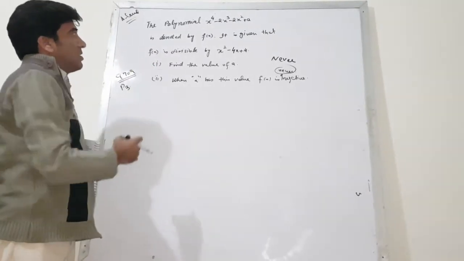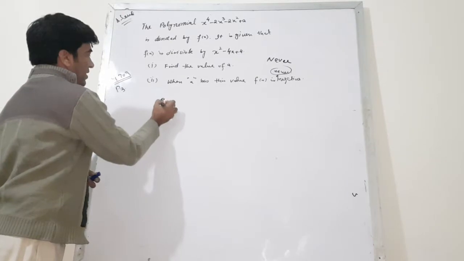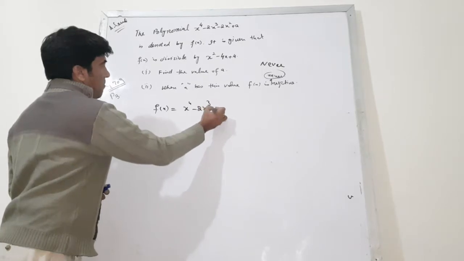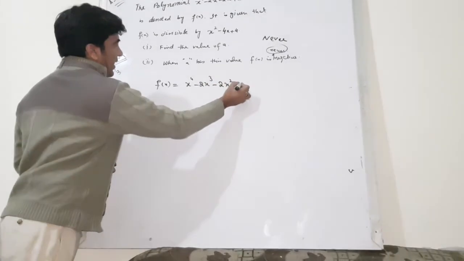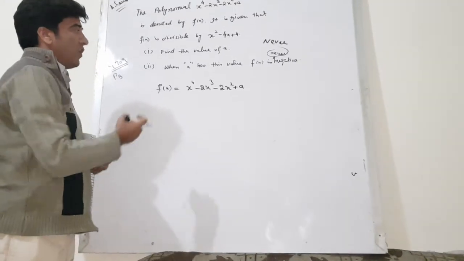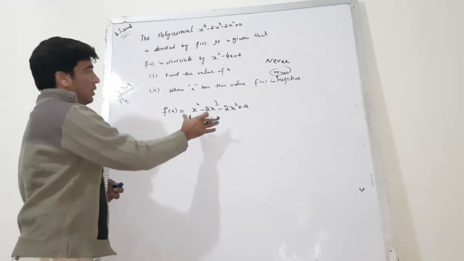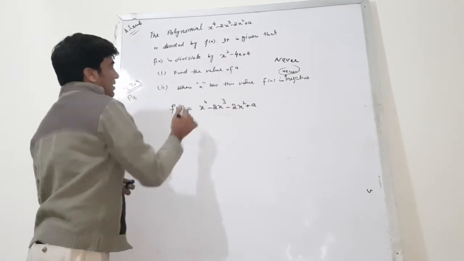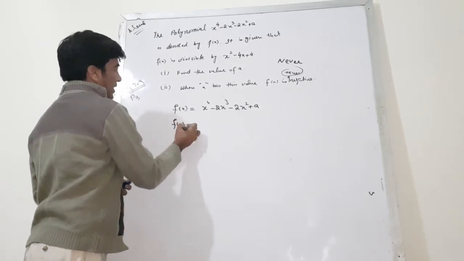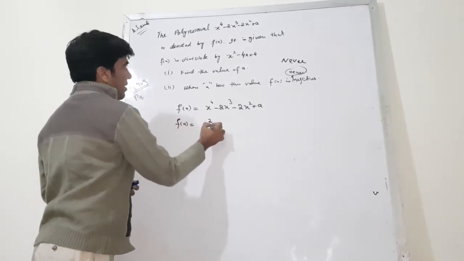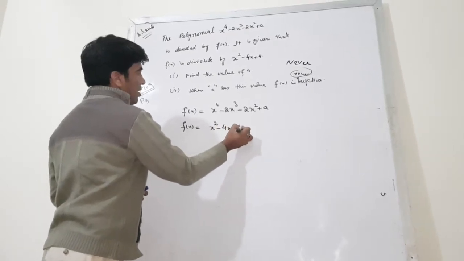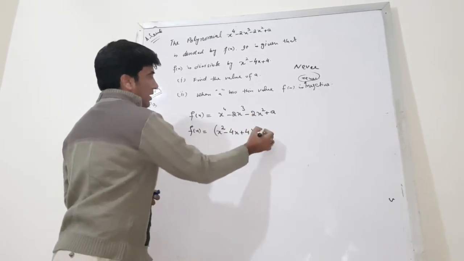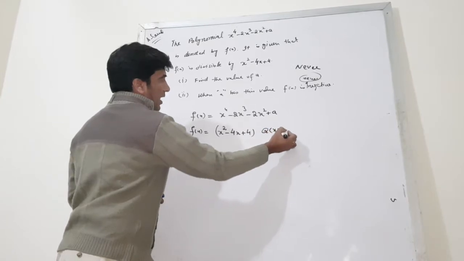Look, this is a polynomial. Say f(x) = x⁴ − 2x³ − 2x² + a, where we need to find the value of a when we know that this polynomial is divisible by x² − 4x + 4. This means that x² − 4x + 4 is a factor of f(x). If this is a factor, then there would also be a quotient.